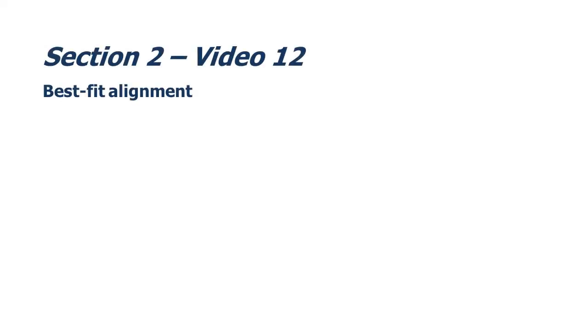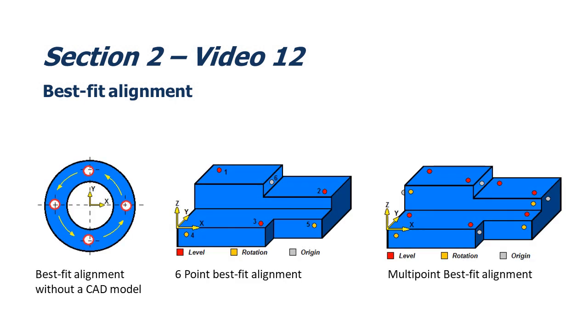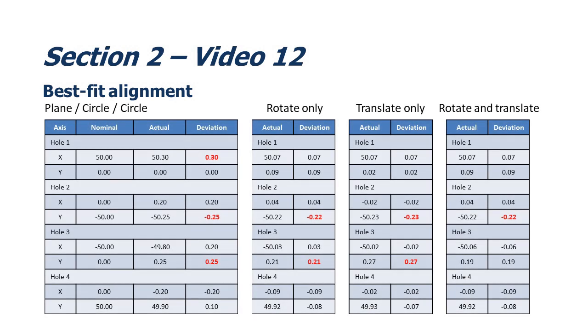Hi, welcome to video 12, the 7th video in section 2, which is called Best Fit Alignments. First in this video, we'll describe what a best fit alignment is, why and when you would select to use one, and the effects using one may have on the alignment's datum position and results of any measured features.